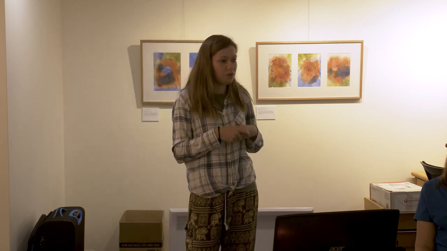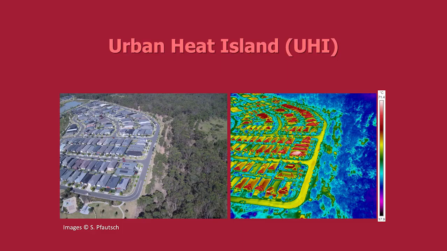And this urban heat island effect occurs when we replace these green and open spaces that provide cooling with built environment that leads to warming. And here I have an example of micro-scale urban heat island effect. And this is one of the suburbs in Western Sydney.